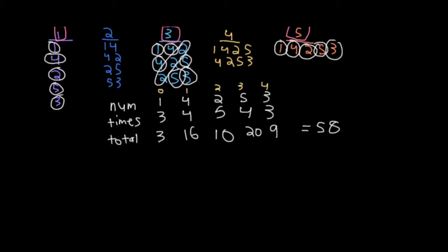If I look at, for index 0, how many subarrays total, not just odd length subarrays, but subarrays total index 0 appears at, I can calculate that by taking the subarrays that start with that, and then multiply it by the subarrays that end with that.